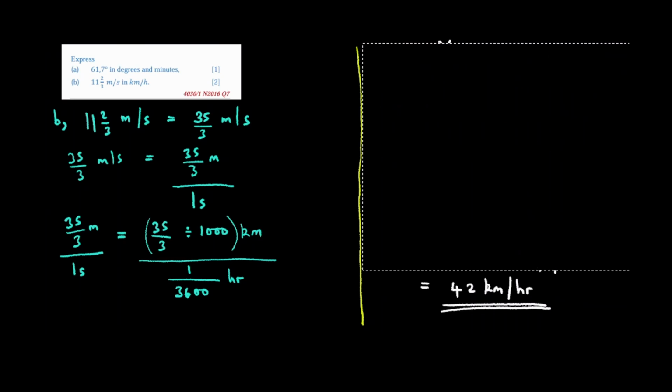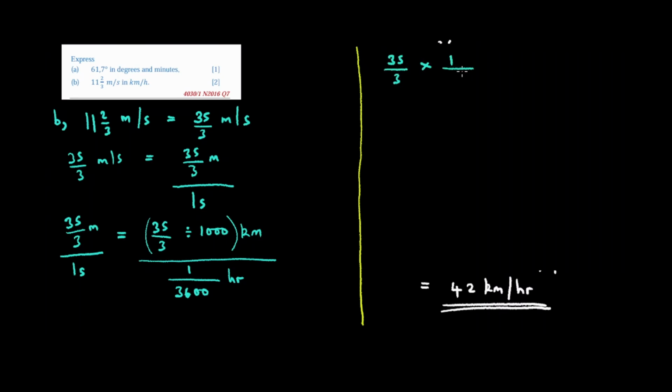Alright, so here we now have 35 over 3 times 1 over 1,000. And remember, this is kilometers over 1 and 1 over 3600. That's hours. Okay, so let us try to solve this to simplify it a little. 5 into 35 is 7, 5 into 1000 is 200.